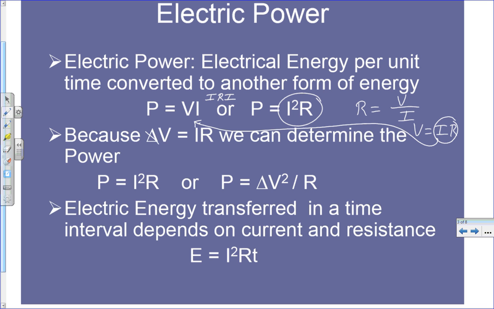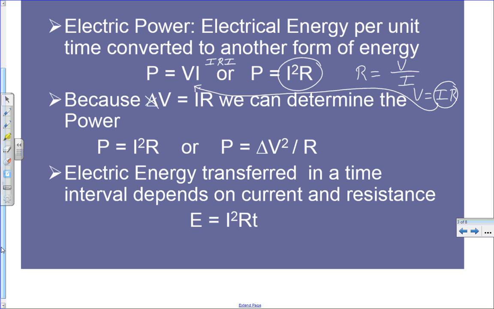Since voltage can equal current times resistance, like we just showed, we can also make some other equations for power. We just showed how to get this one. If we take the Ohm's law equation and rearrange it for current, current would equal voltage divided by resistance.